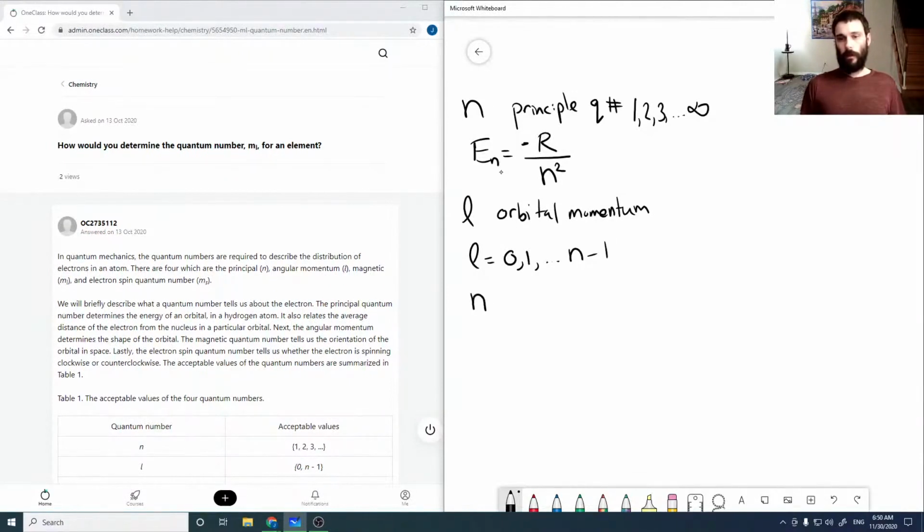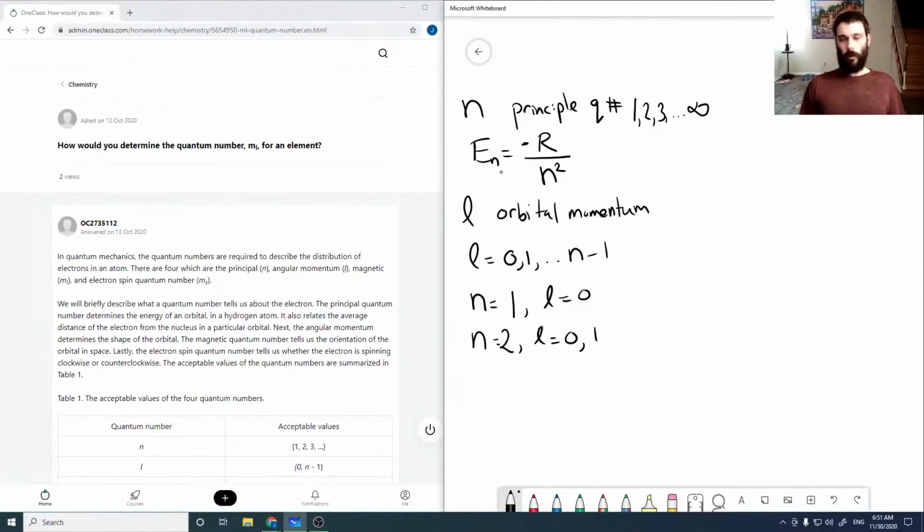So if n equals 0, L only equals 0. If n equals 1, L can only equal 0. If n equals 2, then L can only be 0 or 1.